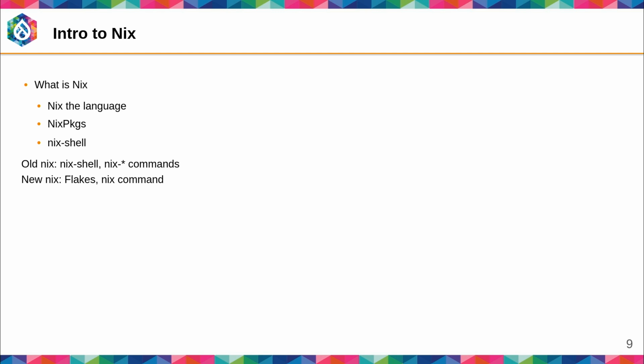That's really powerful. There's a few different generations of Nix. So I put up here old Nix and new Nix. I'm not very deep in the Nix community, so I don't know a whole lot of the history here.